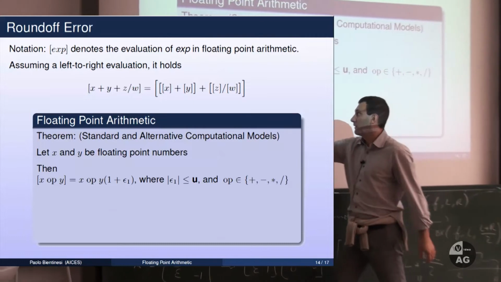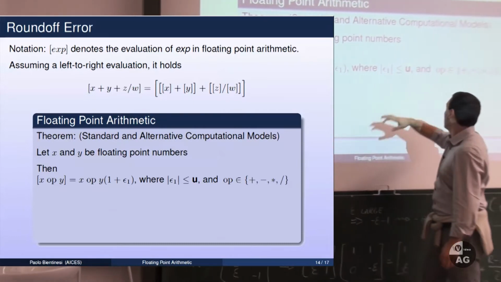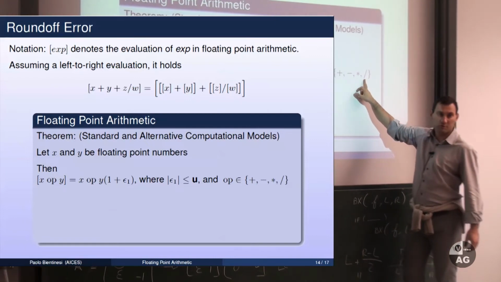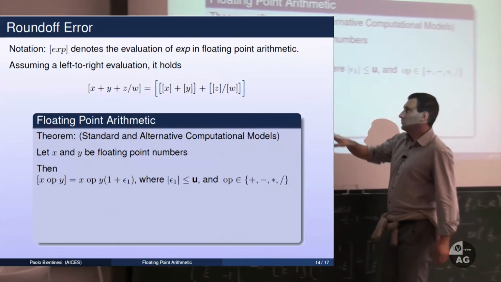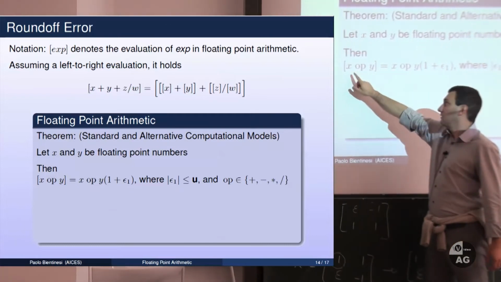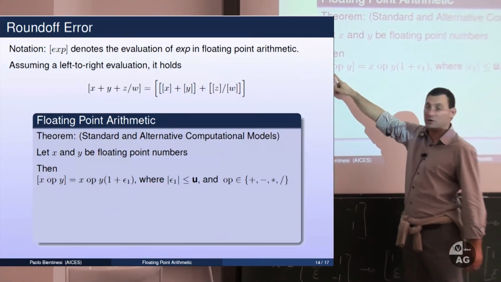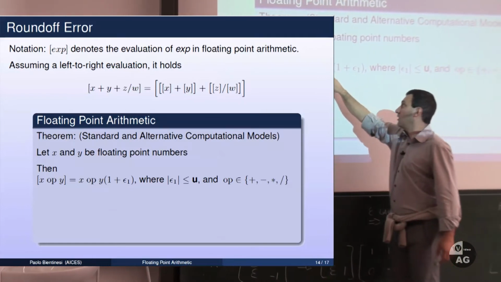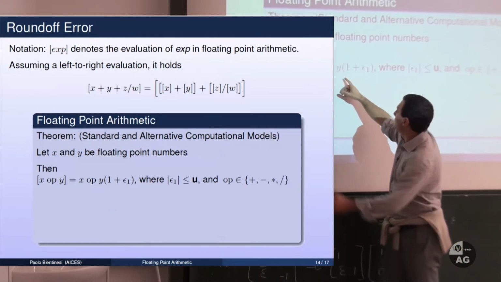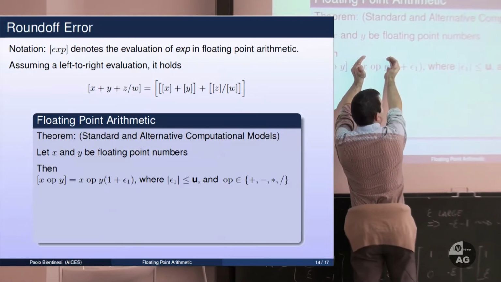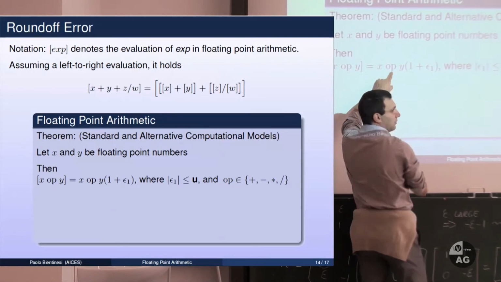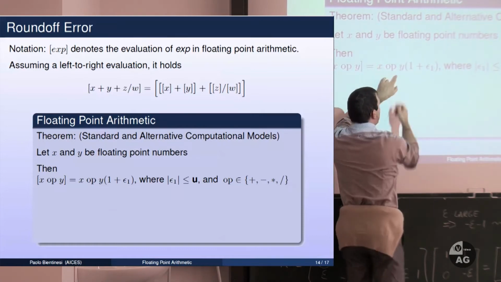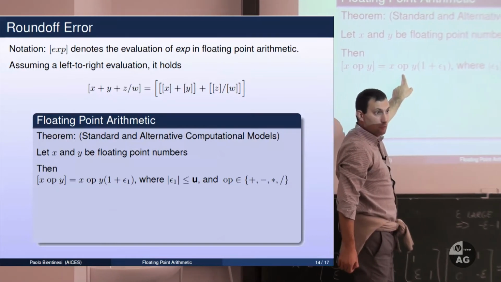My operation is plus, minus, multiplication, or division. The result in floating point arithmetic of x op y, there should be parentheses here, is the result of what the mathematical operation would return.